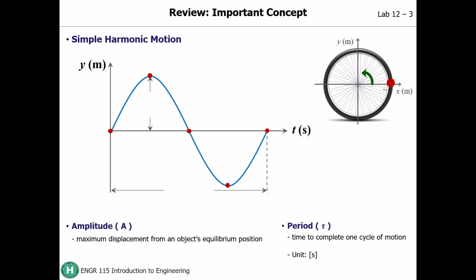In this sinusoidal graph, we see the maximum displacement of the motion tracker on this bicycle wheel will be this much, and therefore this will be the amplitude of the motion. We also learned the period will be the time to complete one cycle, and therefore this must be the period. And this sinusoidal behavior will repeat over the time in simple harmonic motion.